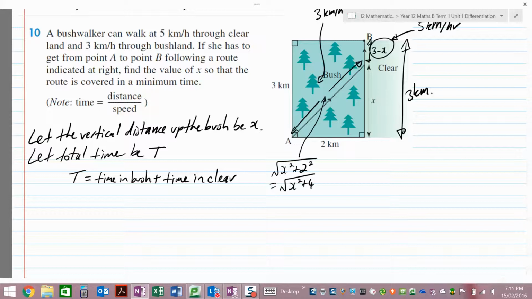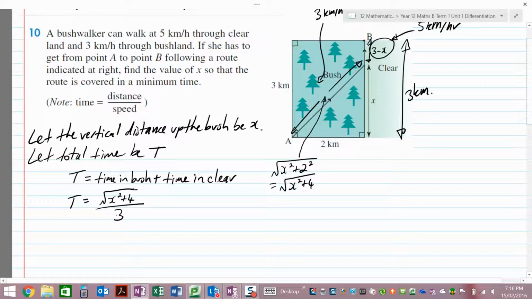Alright, so how long does she spend in the bush? Well, I've got this formula, time equals distance divided by speed. The distance she travels is root x squared plus 4, and the speed is 3 kilometers an hour.